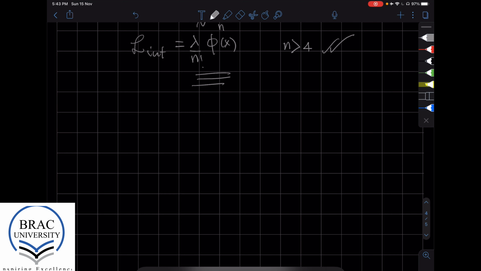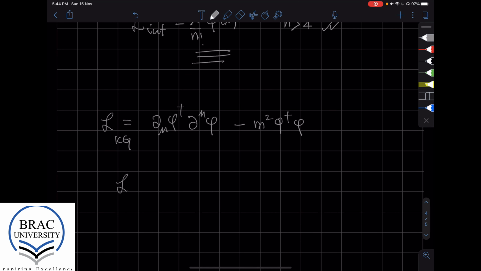So we also talked about the complex scalar field before, and this is also a Klein-Gordon field. And the interaction Lagrangian for the Klein-Gordon field has this form. For such a field theory, an interaction Lagrangian could be minus lambda by 2 times phi dagger phi squared.